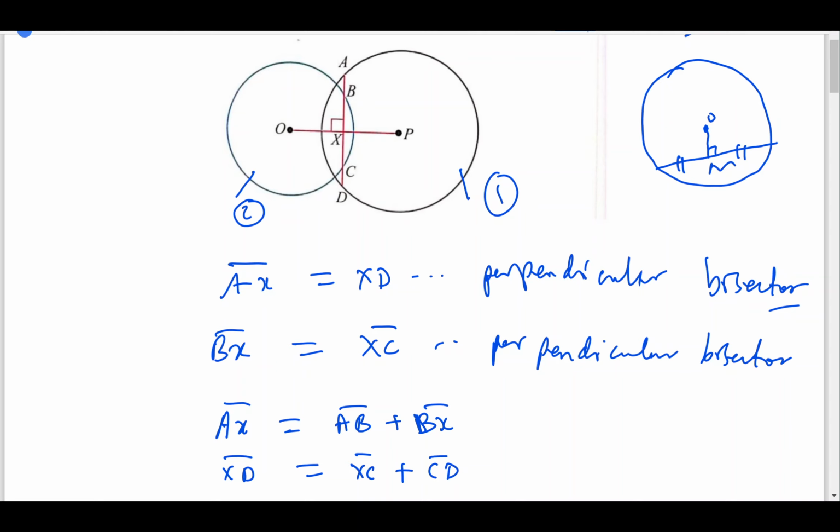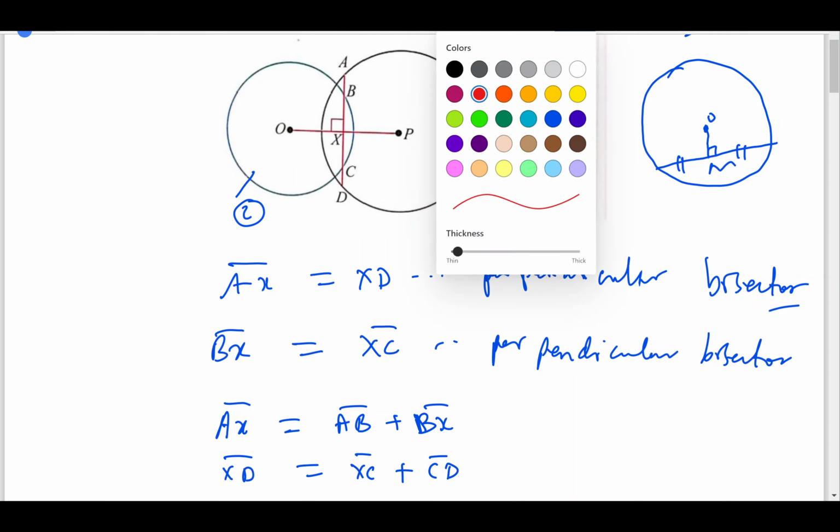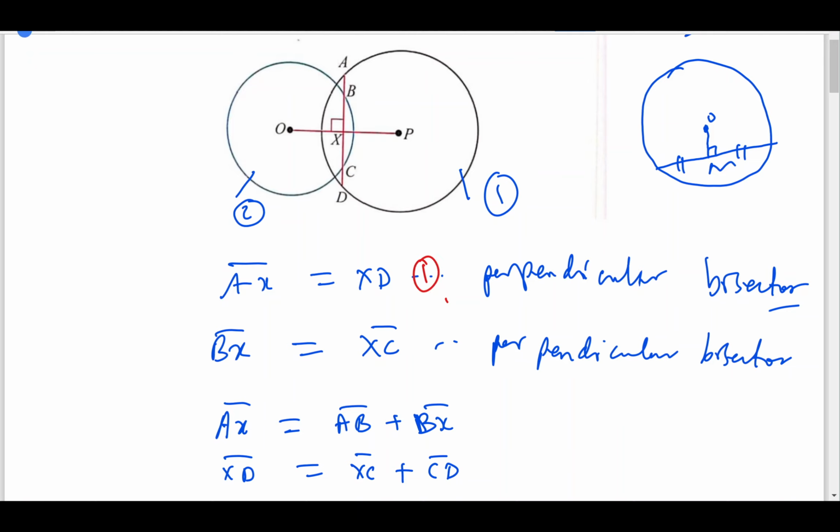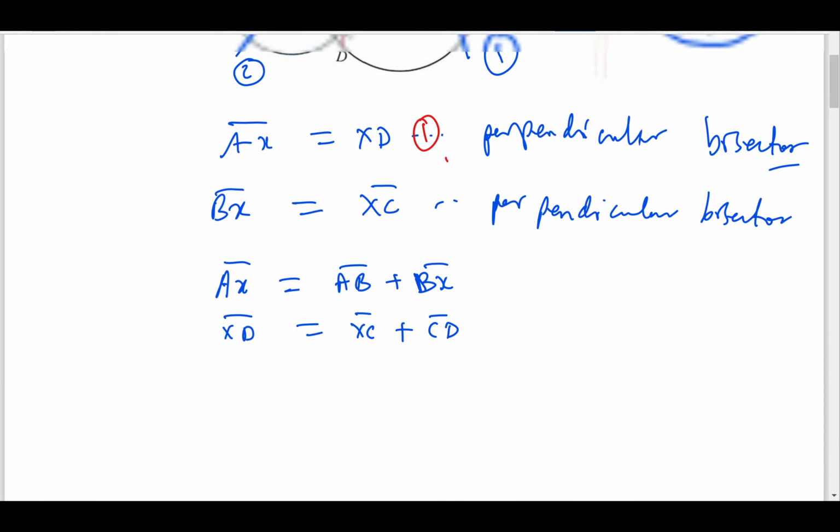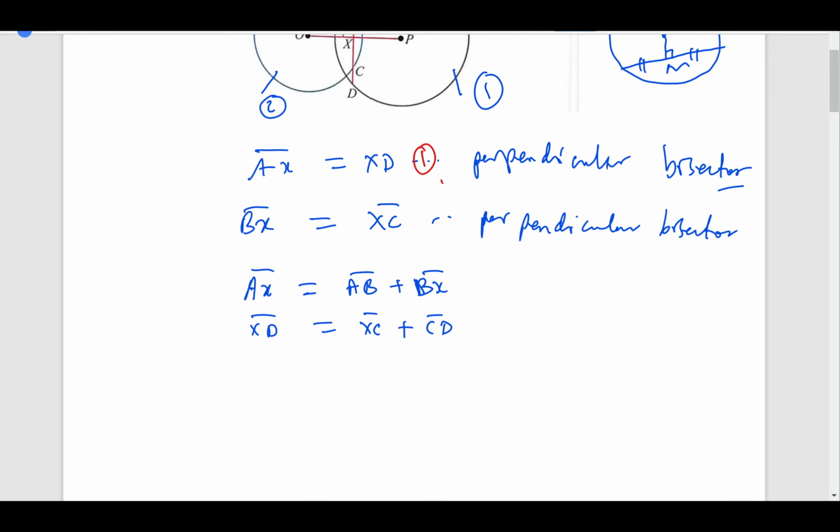So by using equation number 1, we are going to simplify further. So we're going to say that actually AXC, it is AB plus BXC equals XC plus CD.